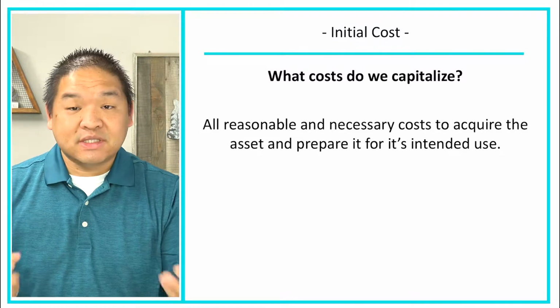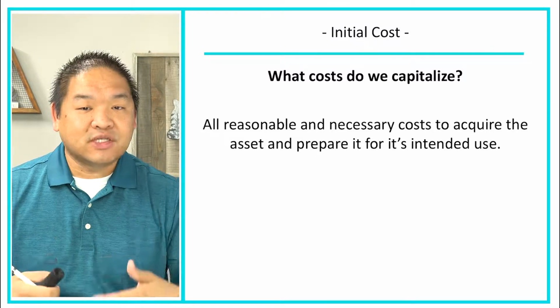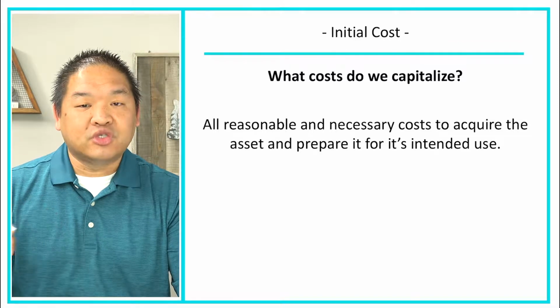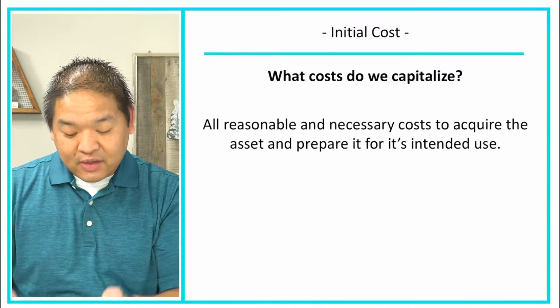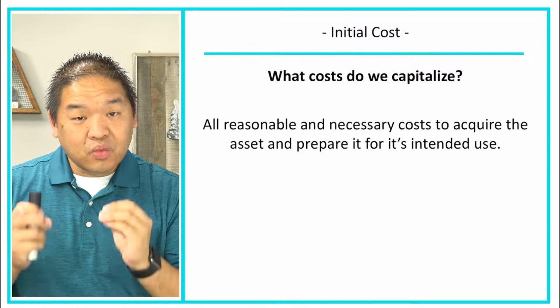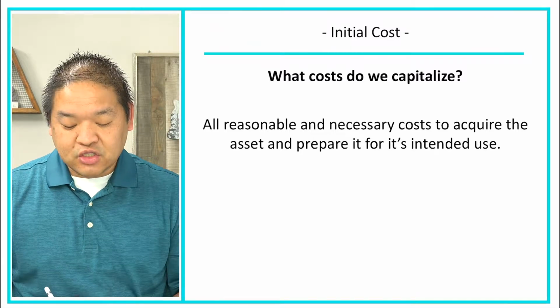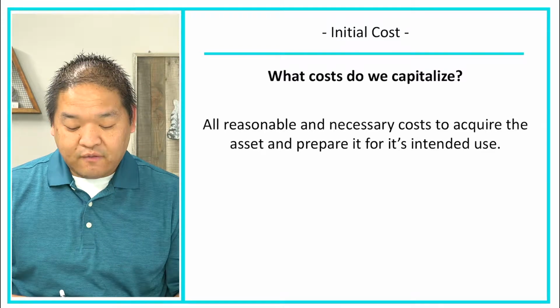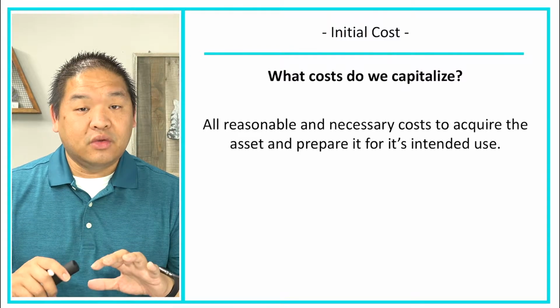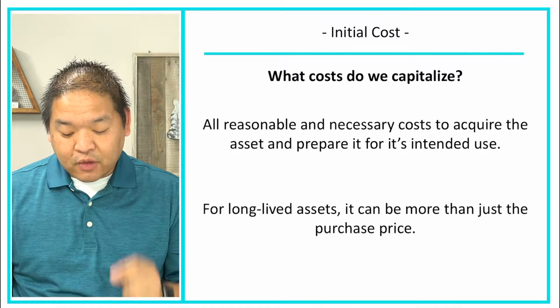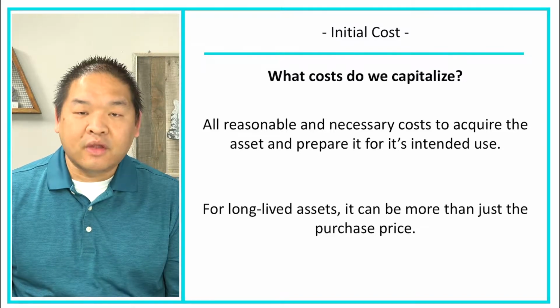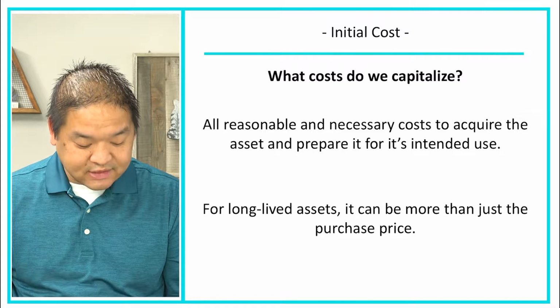Now, if we need to ship it somewhere, let's say we need to ship it to us because we bought it online instead of going to the store, that shipping cost would be added to the cost of the asset. So notice here, it says all necessary and reasonable costs to acquire the asset and prepare it for its intended use. So we're going to include a lot more than just the price of the asset. So for long-lived assets, it's more than just that purchase price.